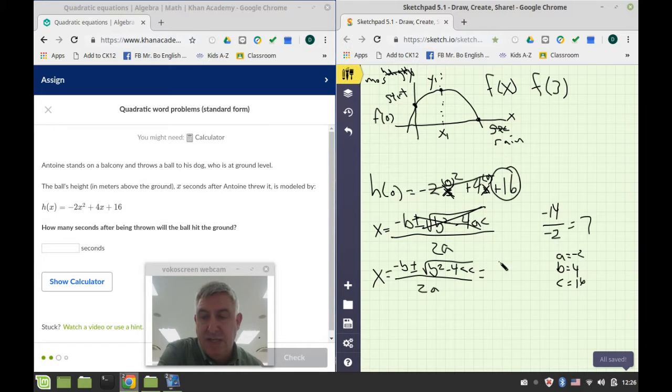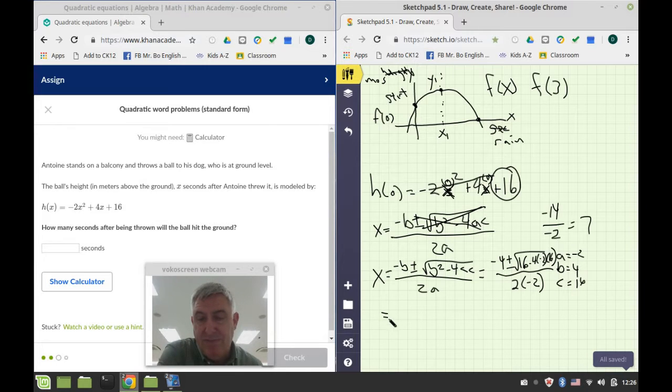So I've got negative 4 plus or minus square root of 16 minus 4 times negative 2 times 16, all over 2 times negative 2.